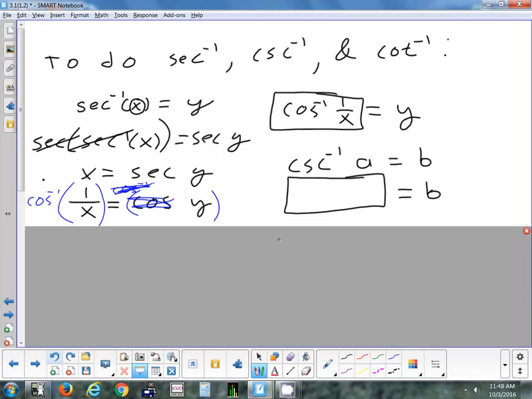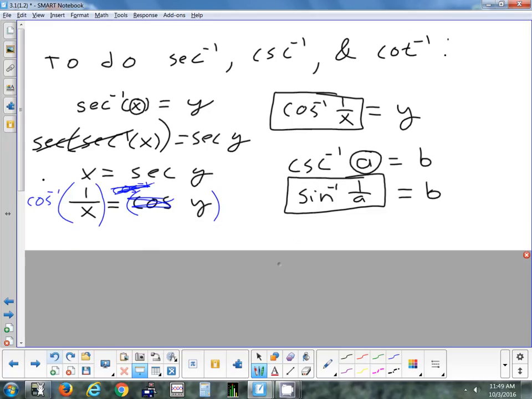Nick, what do I type in? 1 over 0.25. Yep. And whatever you get, that's your answer. So that's the only tricky part about these three. You don't flip the entire thing like that. All you do is flip what's inside. Okay, any questions on that?